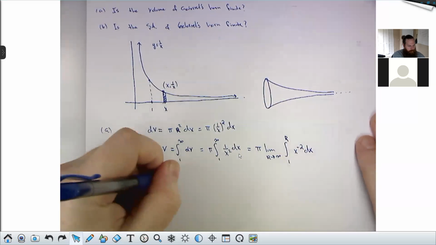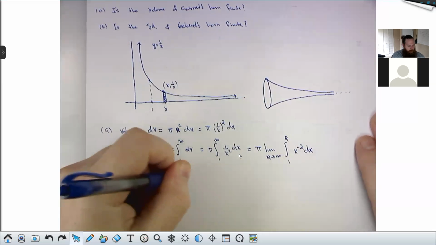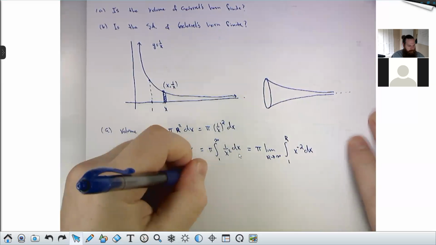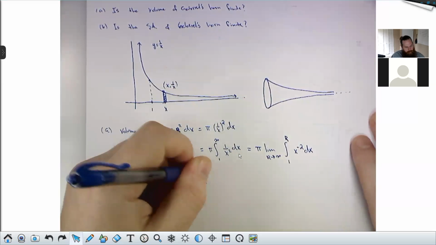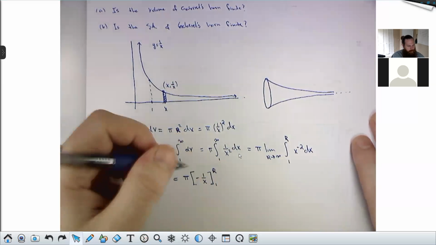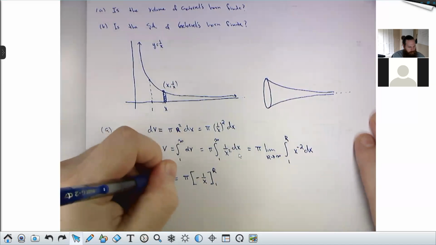Your antiderivative for x to the negative 2. You add 1 to the power, that's going to be x to the negative 1. And then you divide by that new power. So this is going to be negative 1 over x, evaluated from 1 to r. Oh, and we still have our limit out front.